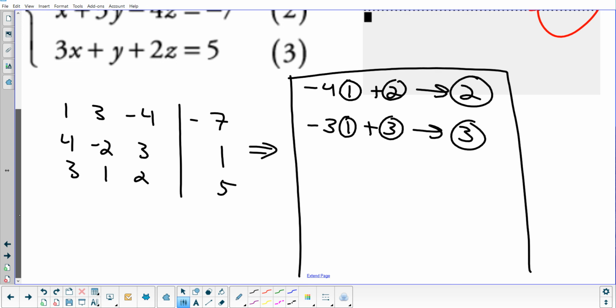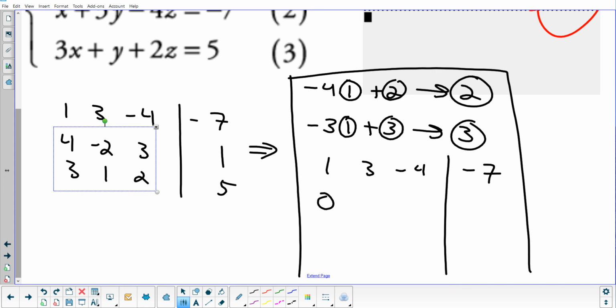Okay, so what row is not changing? 1. So 1, 3, -4, -7. Right. 1 times -4 plus 4. 3 times -4 minus 2. -4 times -4, 16 plus 3.